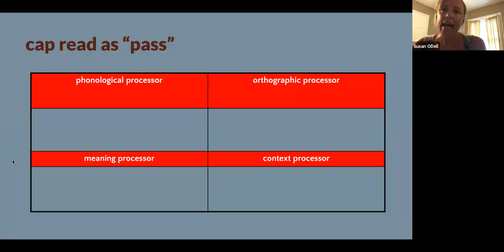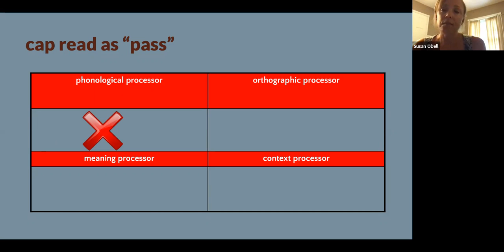What about cap as pass? Which phonological processor? I would have to say I see this often with students, especially young students and severely struggling readers. If you guessed the phonological processor, you are correct.